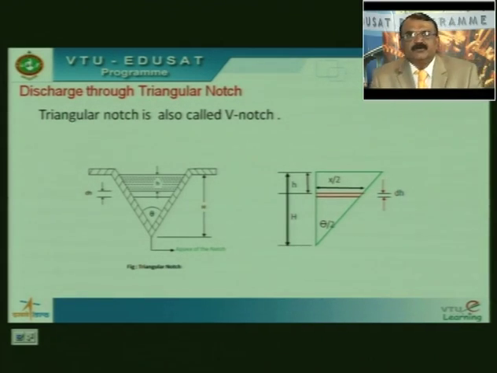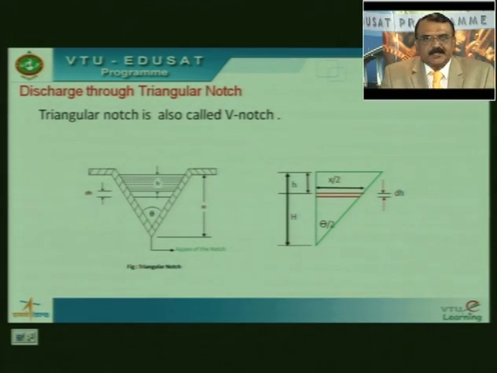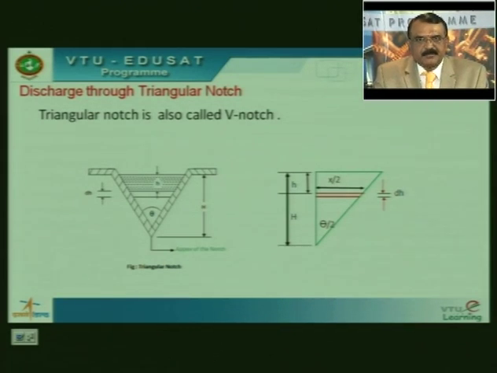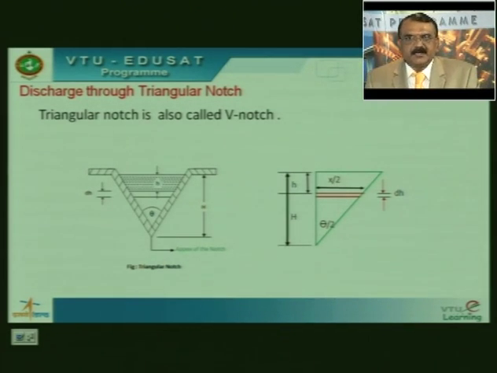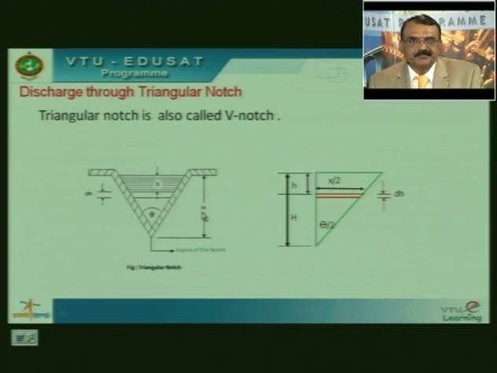In order to derive a discharge equation for this triangular notch or V notch, I consider a V notch. This is the sill level or the crest level or the initial level. Remember, this is the maximum depth of water we can allow in the channel. Then the head is equal to capital H. Here I represent this angle as theta.